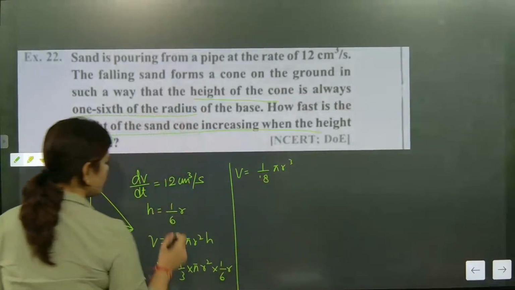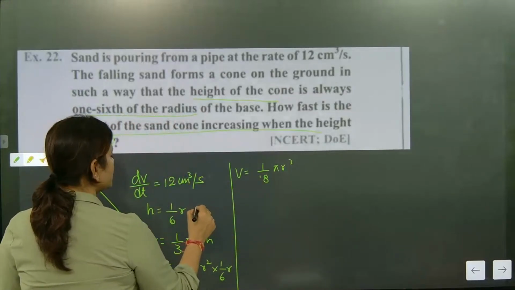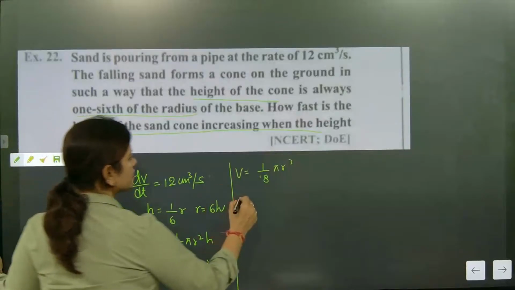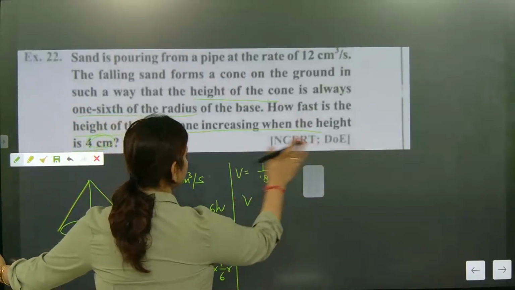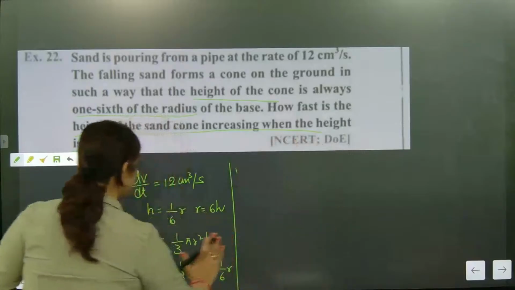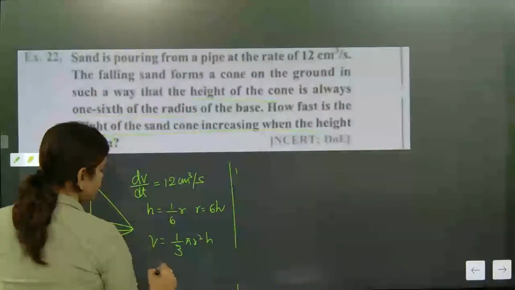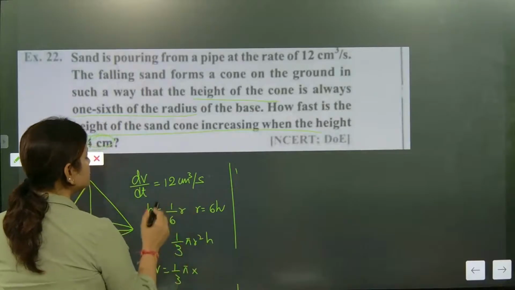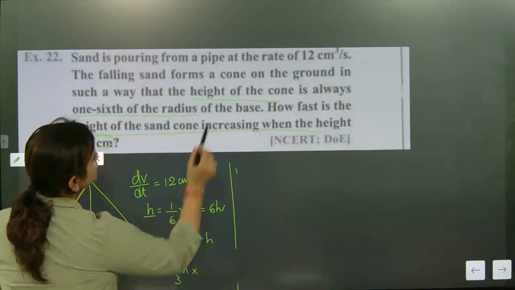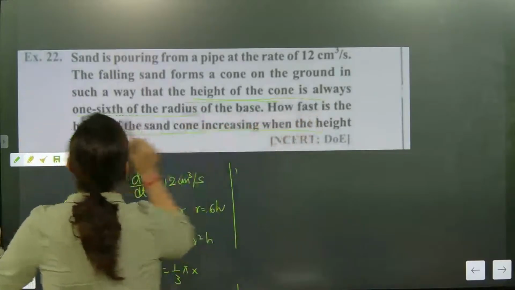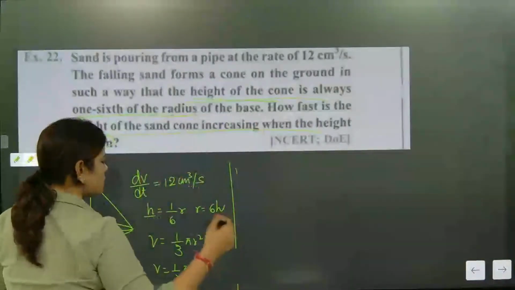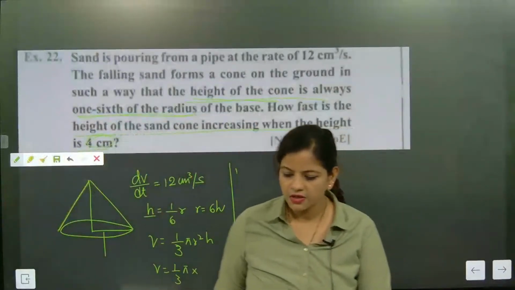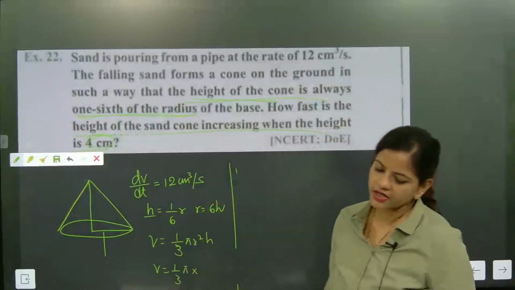So we are going to form this. It will become radius is equal to 6 times height. I'm going to use this one. So v is equal to 1 by 3 pi into radius squared into height, because they told height is 1/6 of radius. Check, height of the cone is always 1/6 of the radius. Yes beta, correct only.